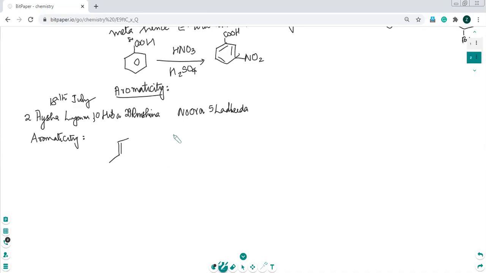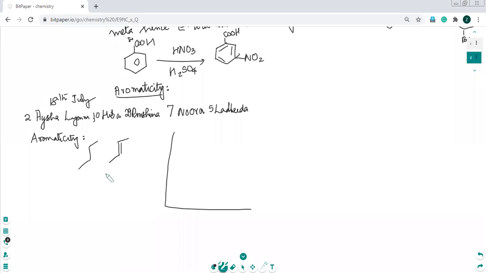Now, if you look at the energy of this molecule and compare with that of this molecule, you have a double bond.